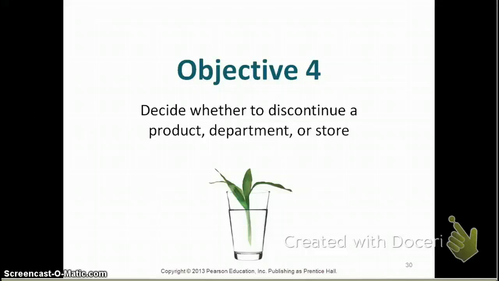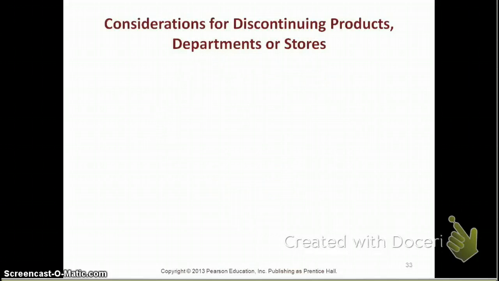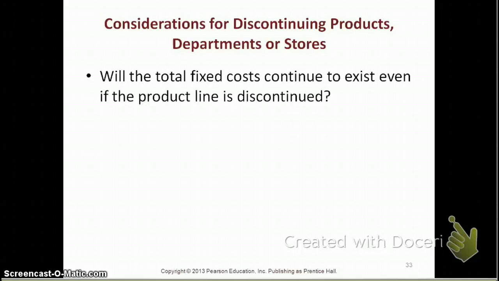In this section, what we're going to learn is how a company decides whether to discontinue a product, a department, or a store. Things that a company needs to keep in mind if they're going to discontinue a product is whether the fixed costs that they have will continue to exist even if the product line is discontinued. A lot of times, a company cannot get rid of all their fixed costs if they get rid of a particular product.